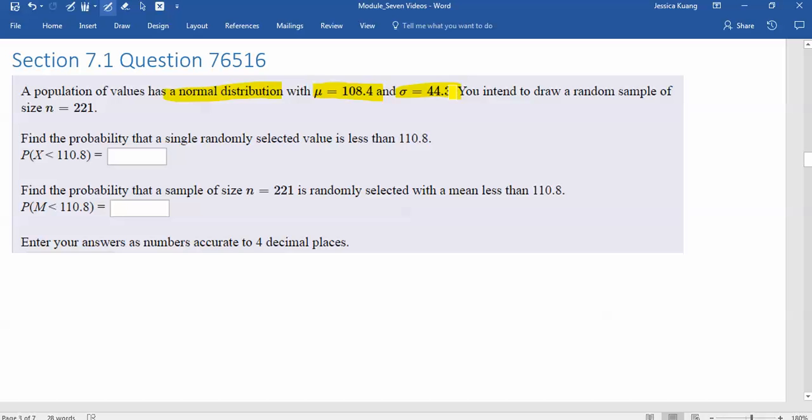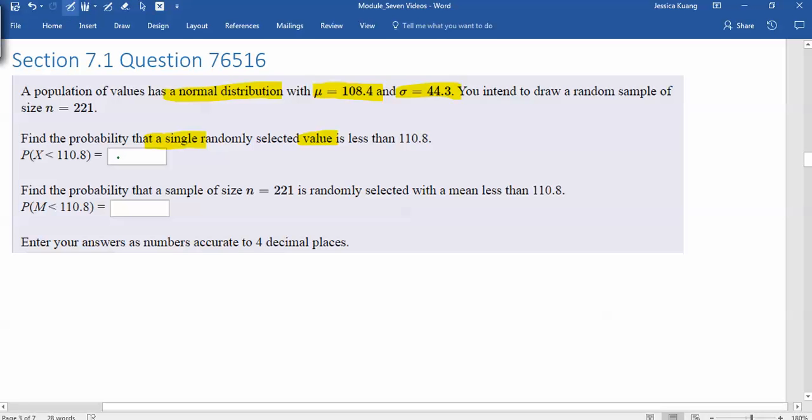First probability: if a single value is selected, what is the probability this value is less than 110.8? This kind of calculation is something we have encountered in the past.